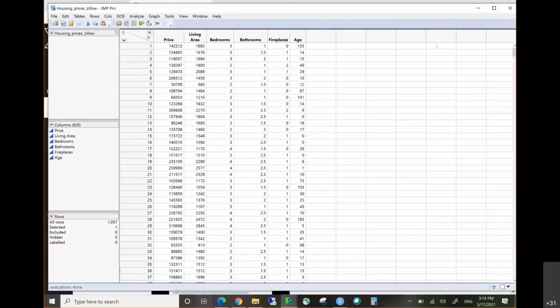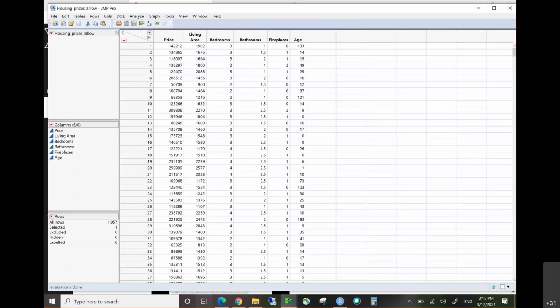Based on these houses, for each house, I collect the price of this house, the living area, the number of bedrooms, number of bathrooms, number of fireplaces, and the age of this house. And then we say we want to use these factors to make a prediction of the house price.